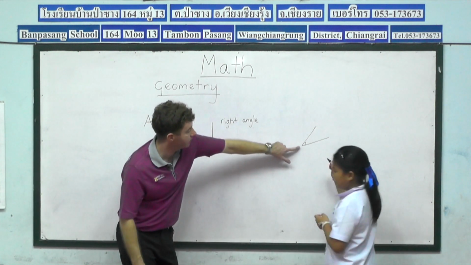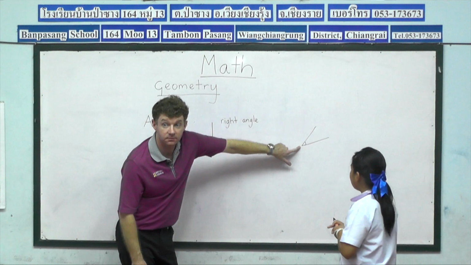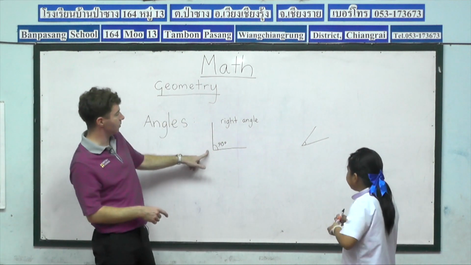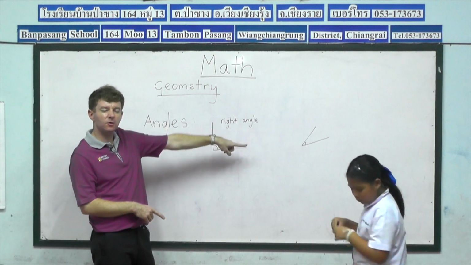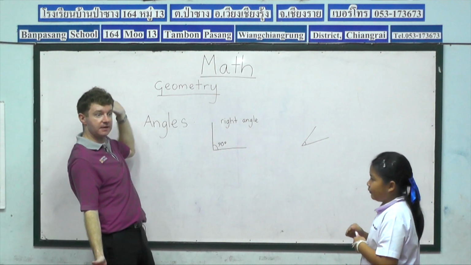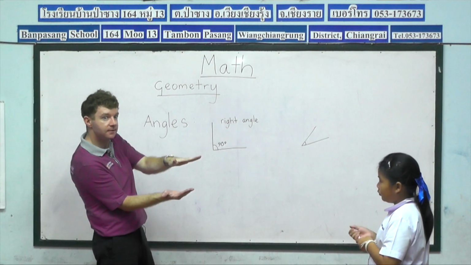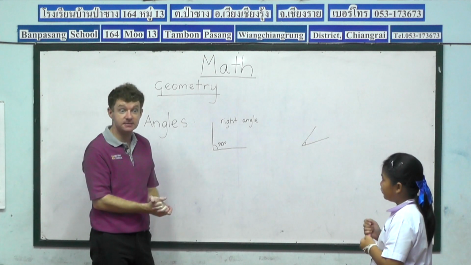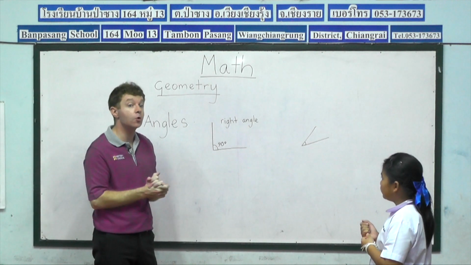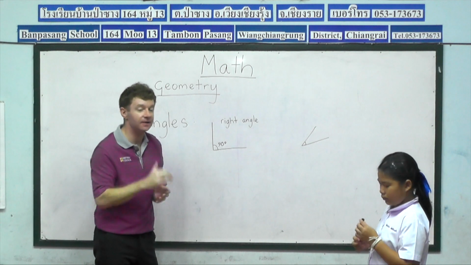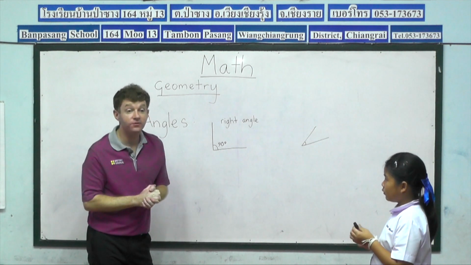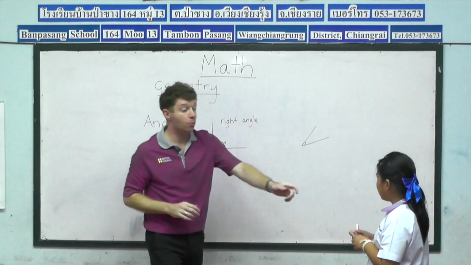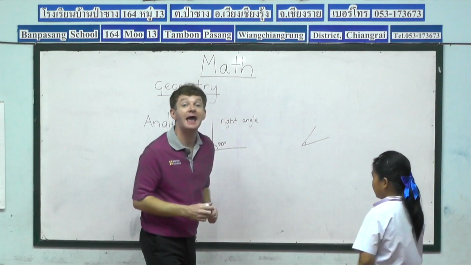And you see here, this is our angle. Look at my angle, 90 degrees. Is this angle more than 90 degrees or less than? Less than, yes. And does anybody remember what we call an angle less than 90 degrees? 45 degrees is true. And what we will call it is acute.